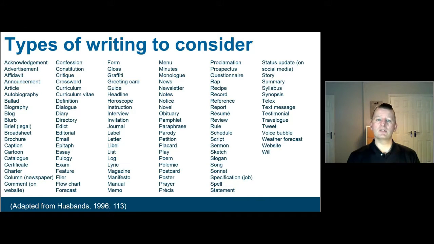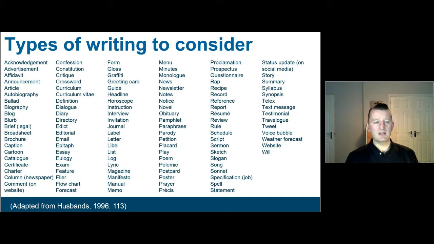So it's not good enough to say produce a written account at the end of every single project, because we could ask someone to produce a brief journal article. We could ask someone to produce a magazine aimed at a particular readership. We could ask them to produce a reference for an important individual in history. We could ask them to produce a straightforward story or a testimonial or a travel log.